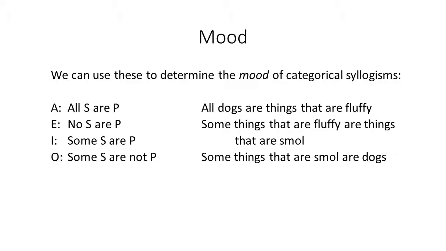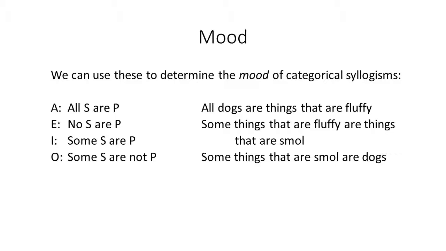Each term is used in the same way throughout, and each one is identical throughout. So two premises and a conclusion. This should be a categorical syllogism. Hint, I made it a categorical syllogism. But anyway, you should be able to test whether or not you have a categorical syllogism.